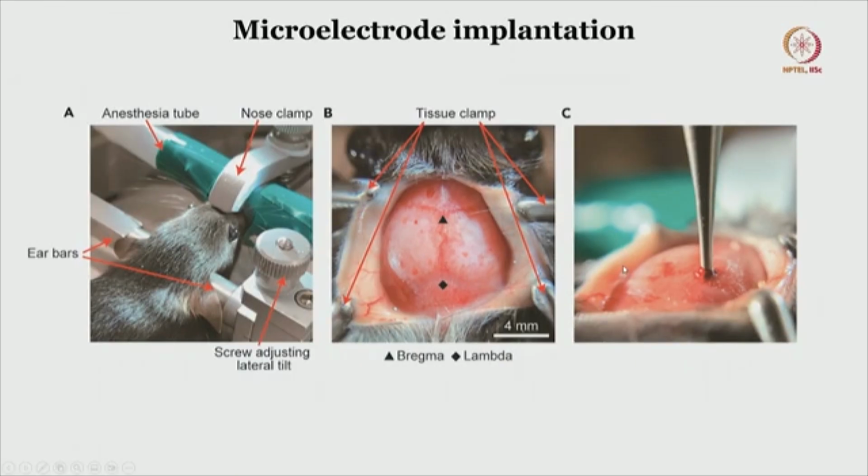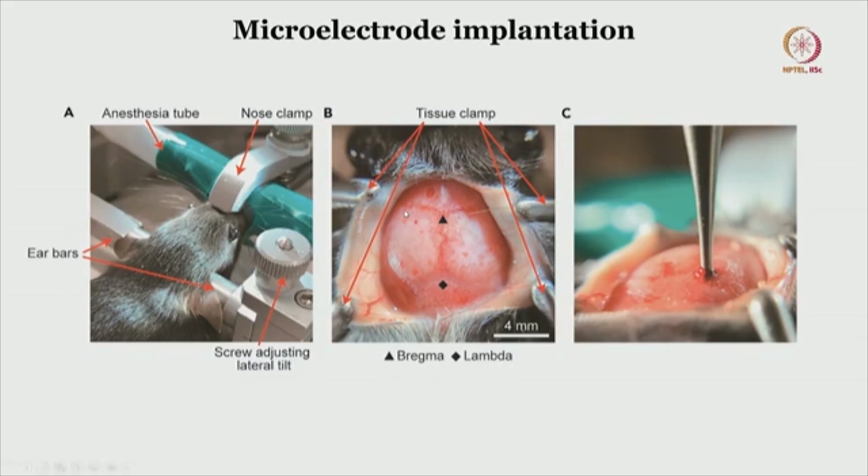Going into the details of these, I will try to cover the microelectrode implantation first, followed by the optogenetic probe and the drug delivery cannulas. To begin with, the exposure of the skull is just the same as you did for the craniotomy, as we discussed. You prep the skin, close the eyes, do the painting, do the draping, and after clipping the area, the preparation is just the same as for craniotomy.